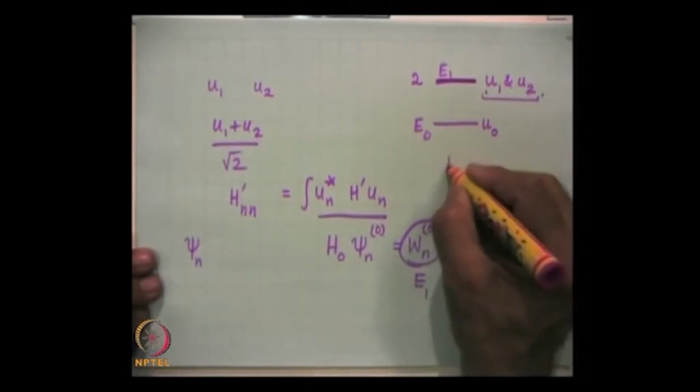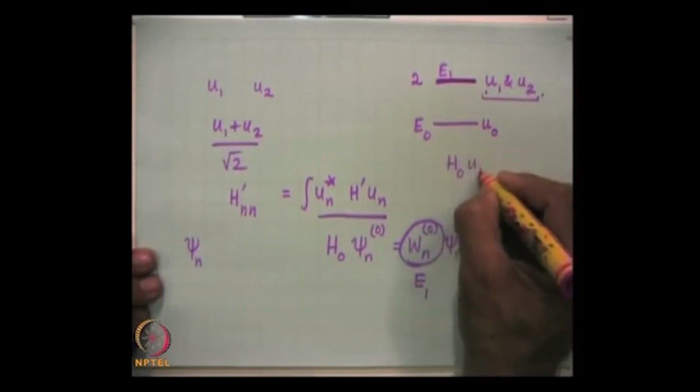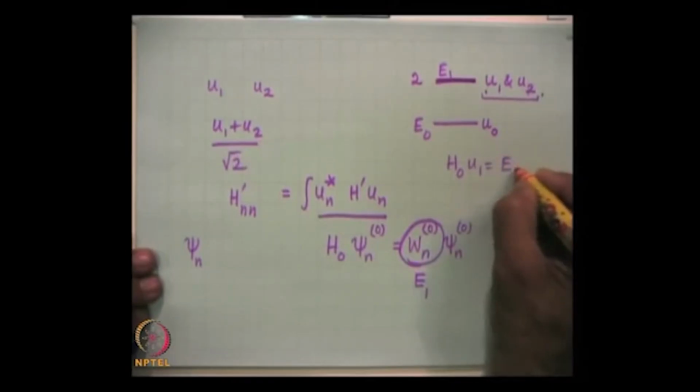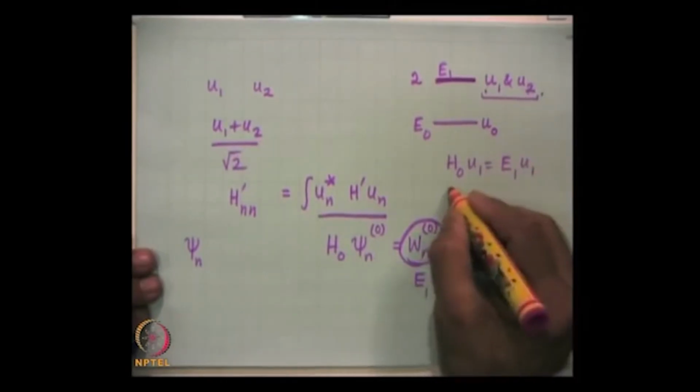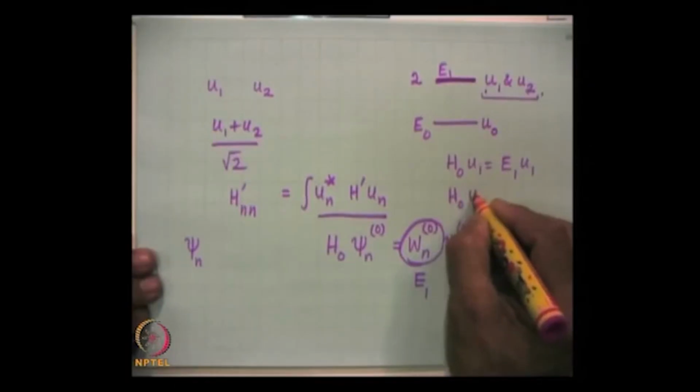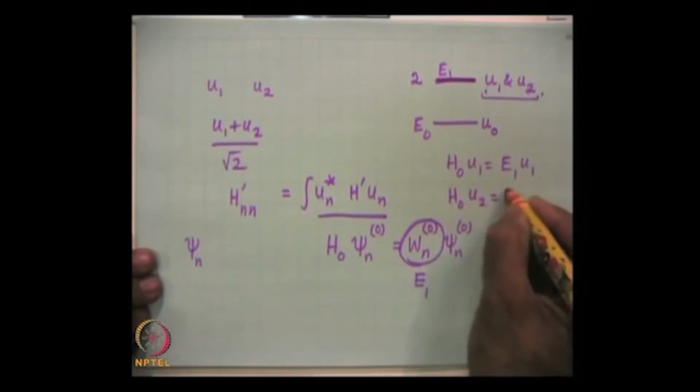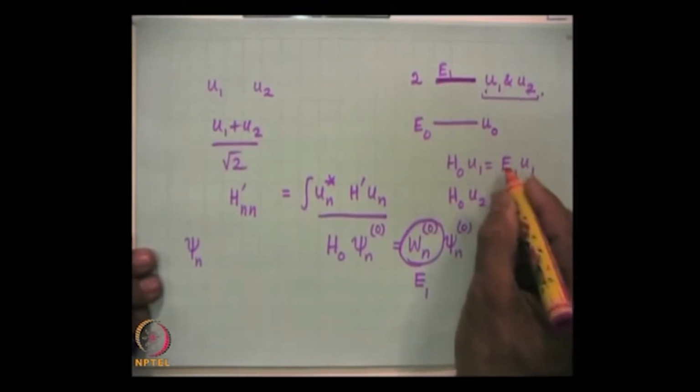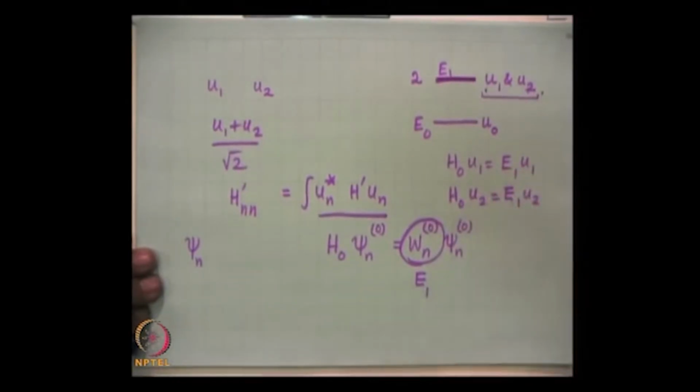So, you have H0 U1 is equal to E1 U1 and H0 U2 is also equal to E1 U2. This is the same eigenvalue. That is the concept of degeneracy. These are two linearly independent wave functions which correspond to the same energy eigenvalue.